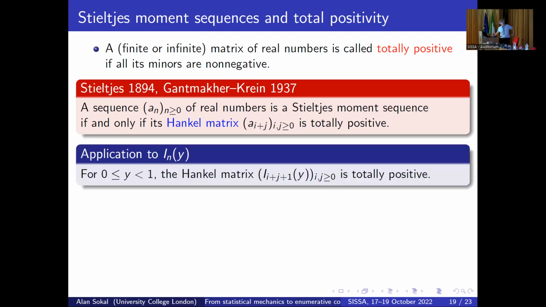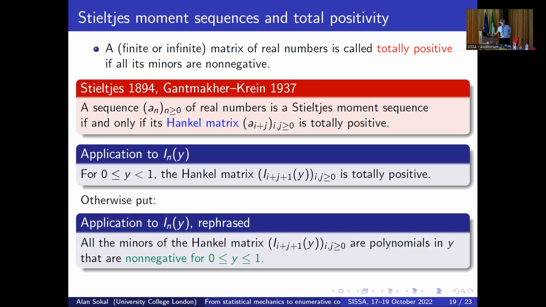And so the application from what we just saw, this is a theorem: for y between 0 and 1, the Hankel matrix of the inversion enumerator for trees is totally positive. Otherwise put, look at the minors of this Hankel matrix. The entries are polynomials in y, so the minors are polynomials in y, and each one of these minors is a polynomial in y that's non-negative between 0 and 1.